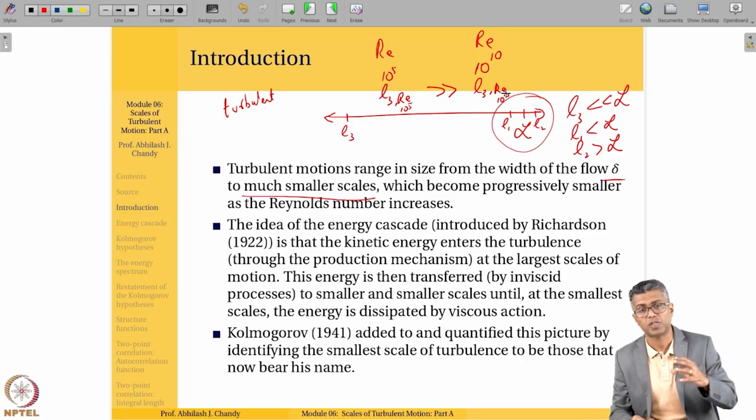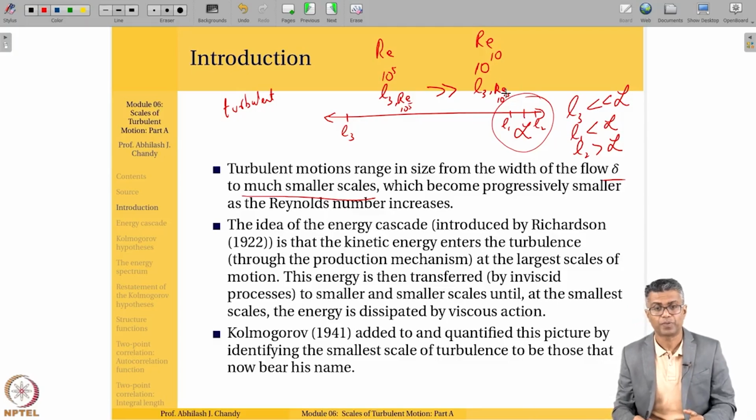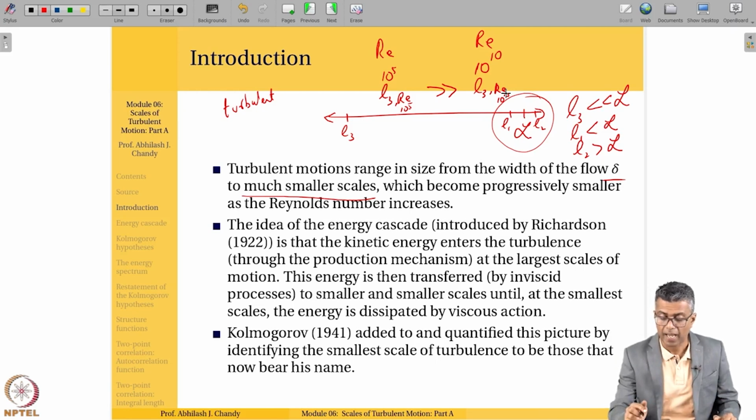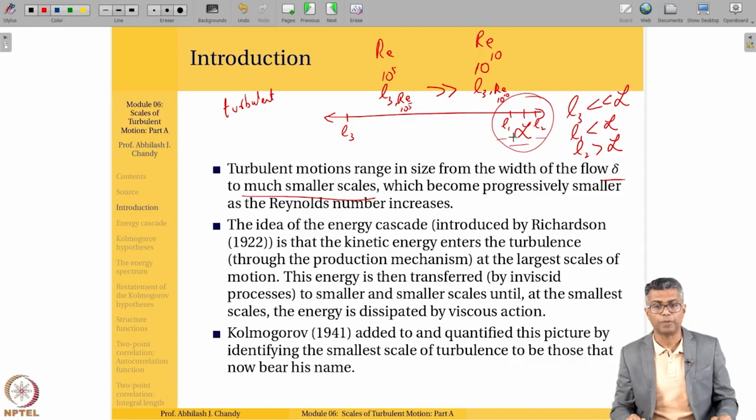If I have flow over a cylinder, I have flow coming in, the kinetic energy is being brought in by the free stream flow. So I have this production mechanism where the energy is coming in, right? And this is happening at the largest length scales of the motion. This is happening at this L, L1, L2, and so on.